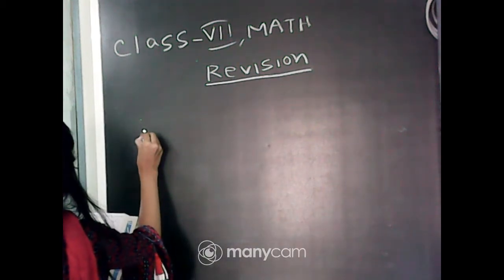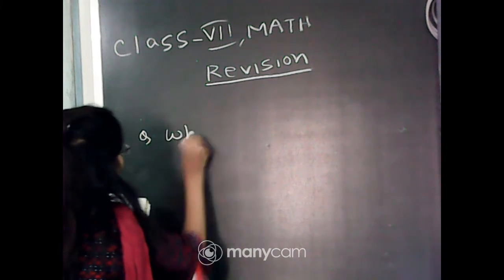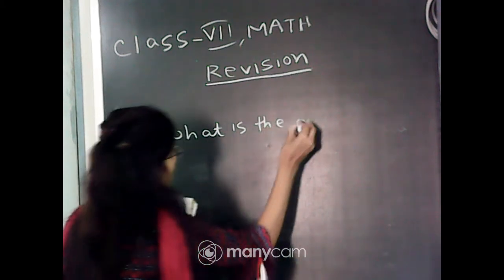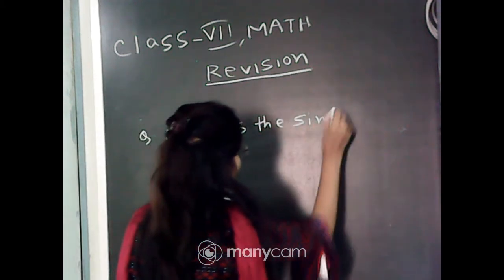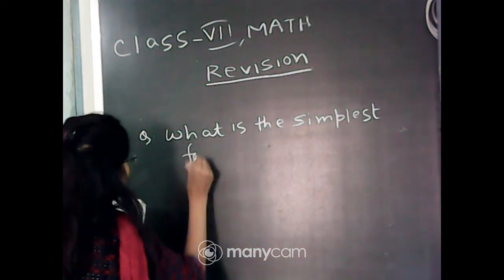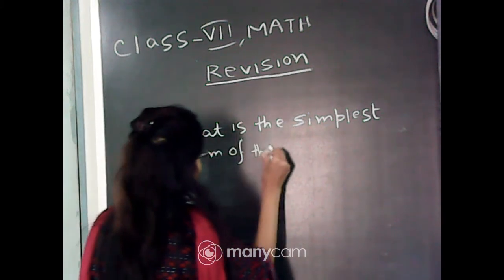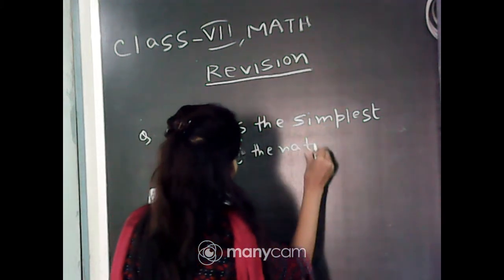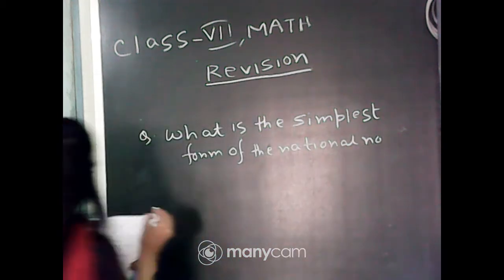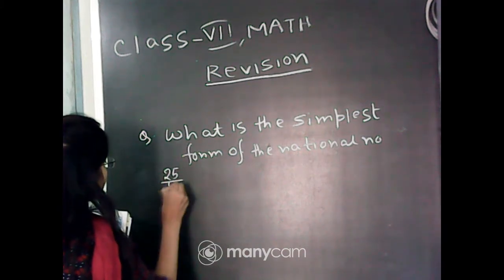What is the simplest form of the rational number 25 divided by 45?